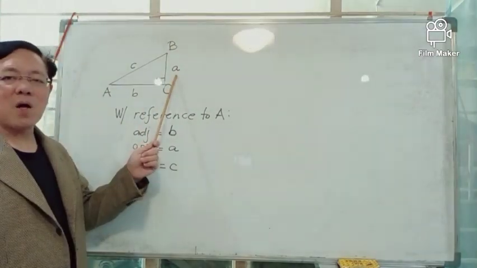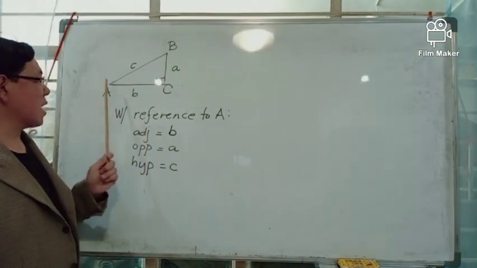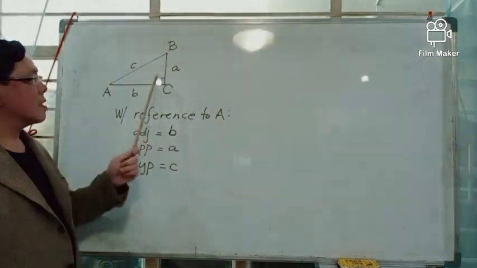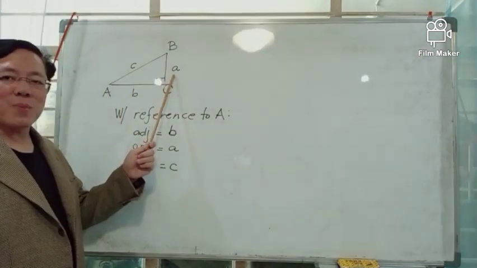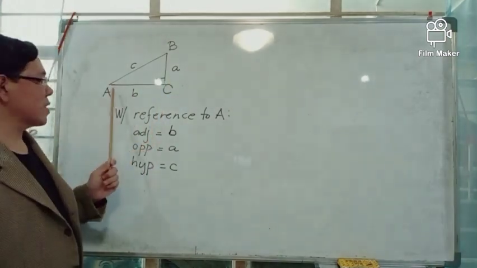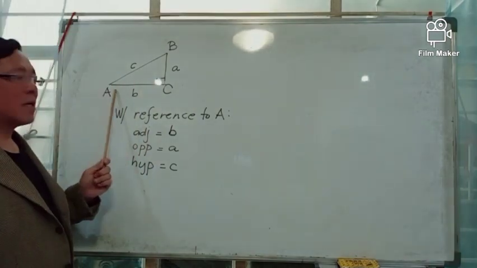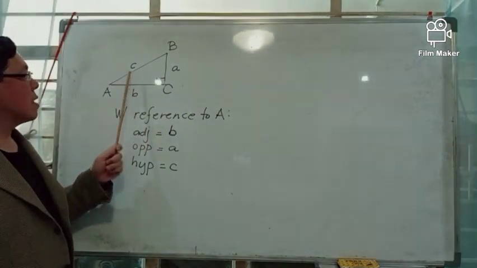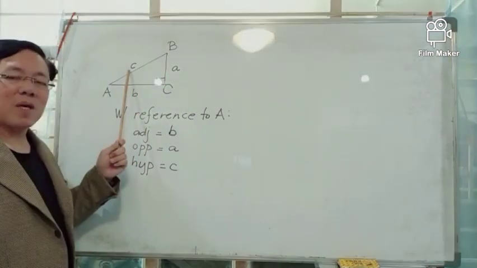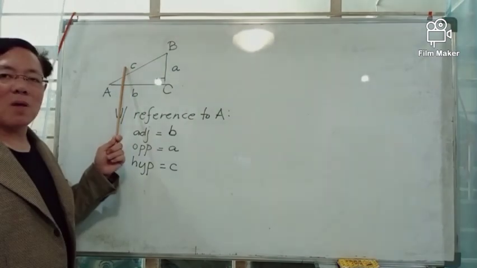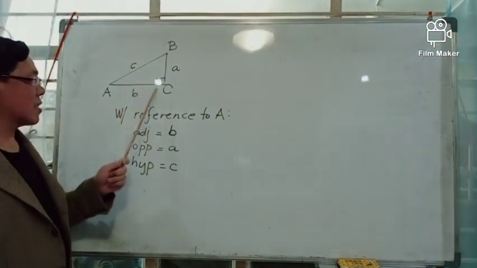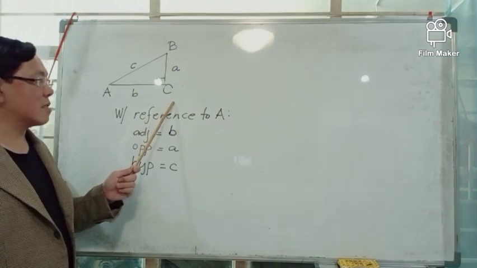The side small a is the side opposite angle A. This side small a is not connected with angle A, but it is opposite angle A. And the hypotenuse remains the same, the side small c. It is the side opposite angle C.